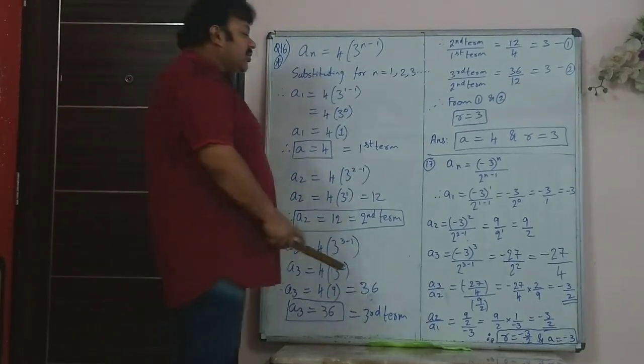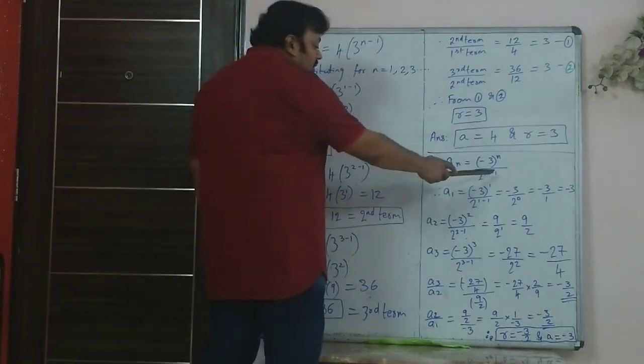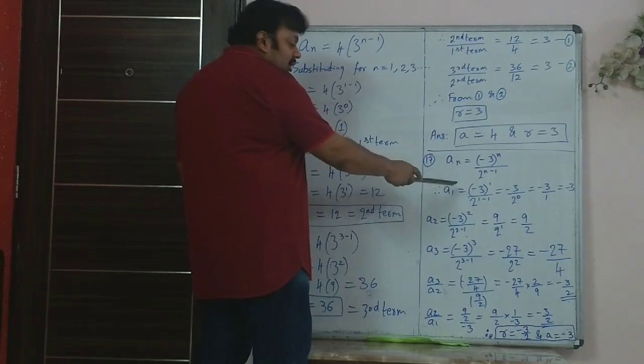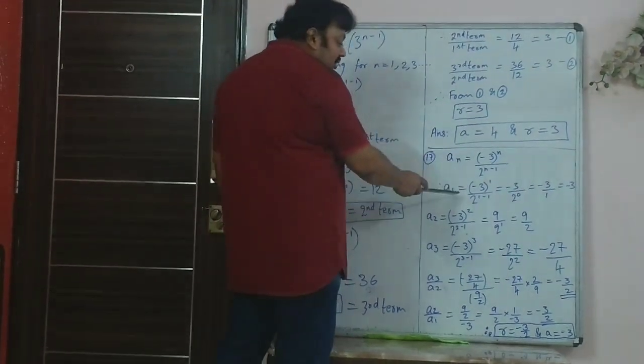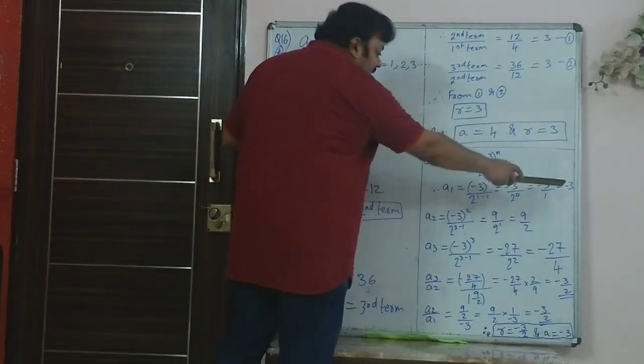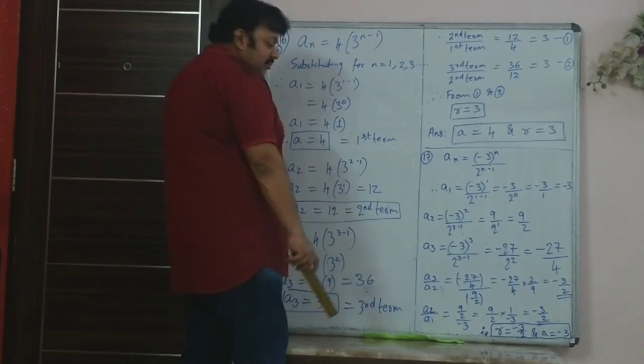Same way, another sum in which An is given as minus 3 raised to n, 2 raised to n minus 1. So we substitute n is 1, 2, 3. With n is equal to 1, we are getting minus 3. So the first term A is minus 3.